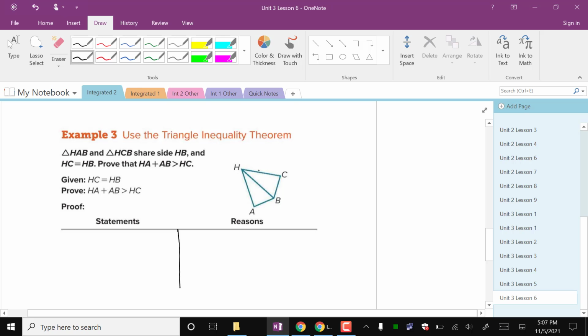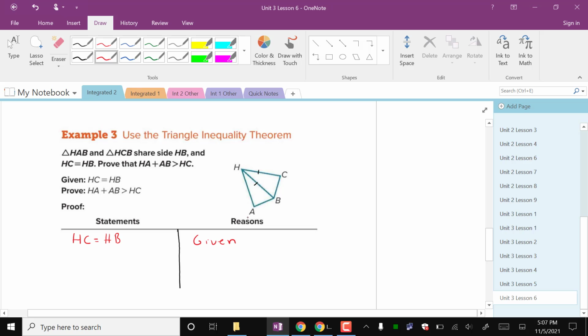So this one right here equals this one right here. So prove that HA plus AB is greater than HC. So we're going to start off with our given. Our given is HC equals HB. And the reason for this is our given.